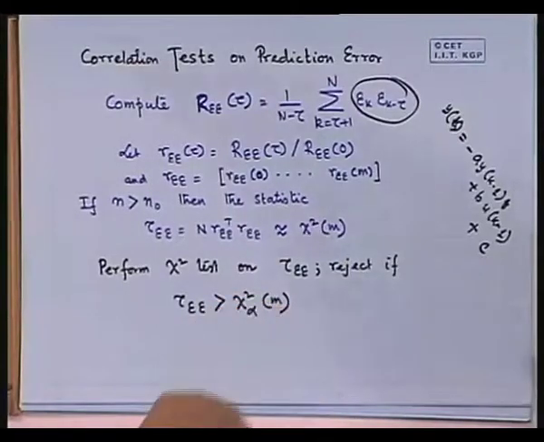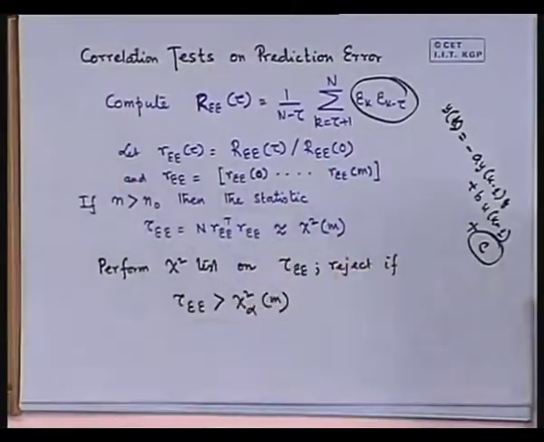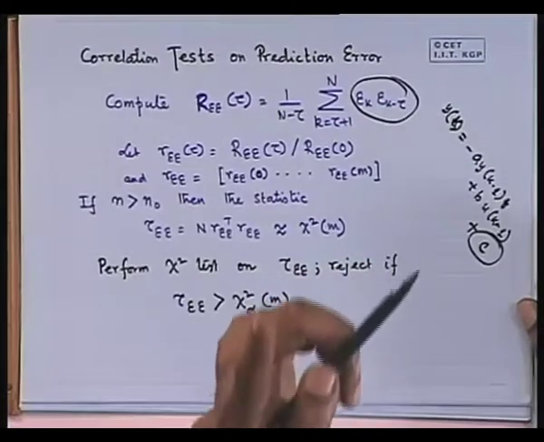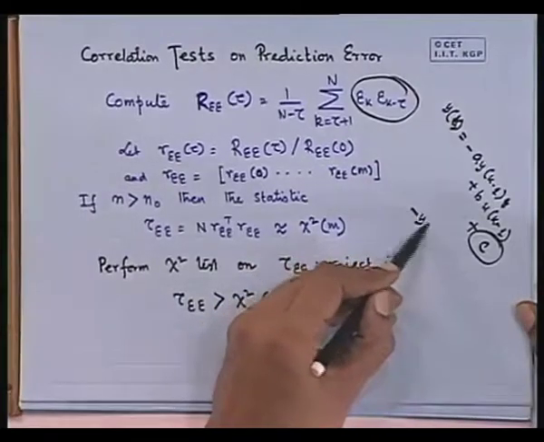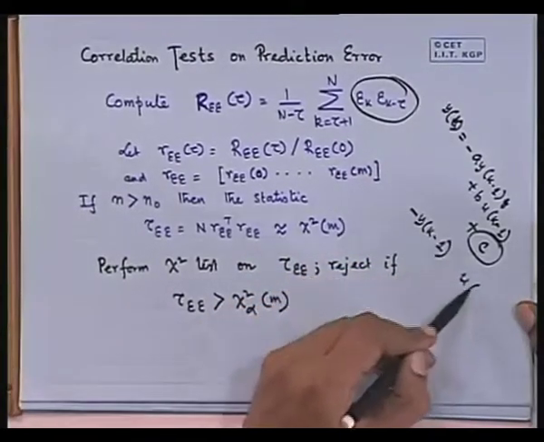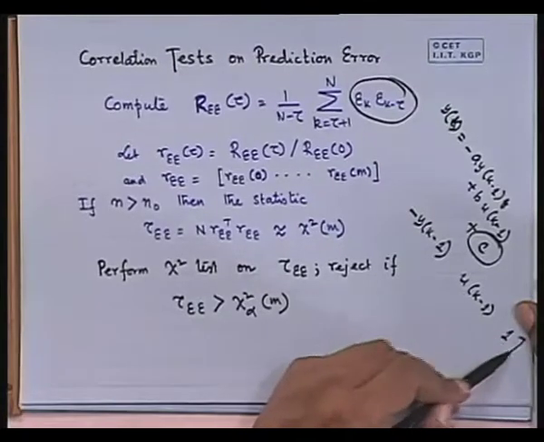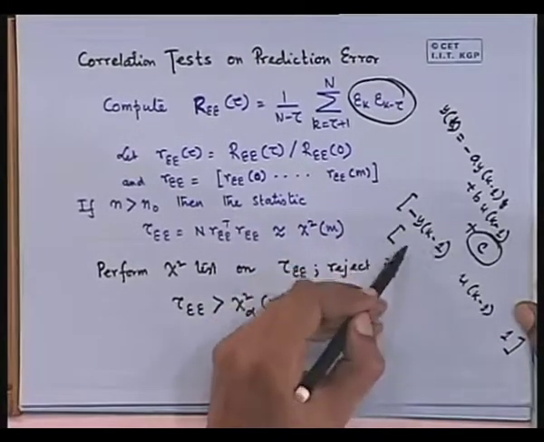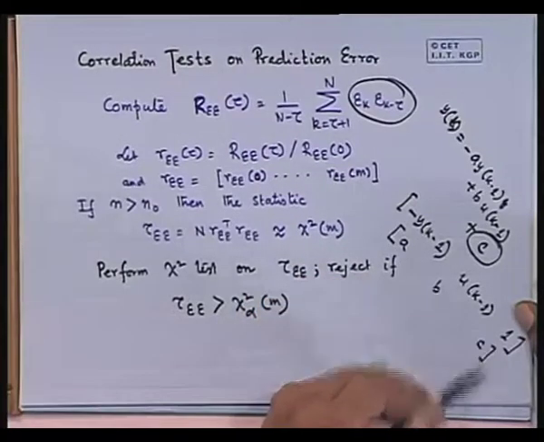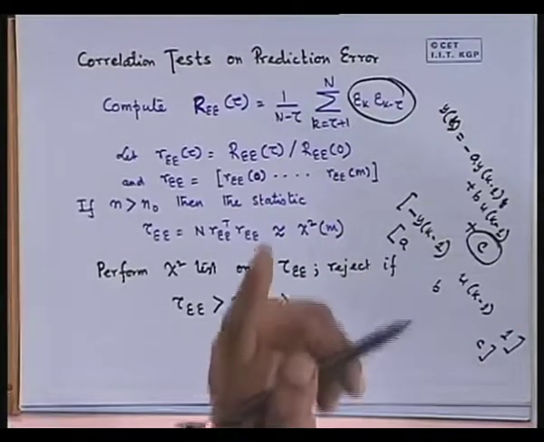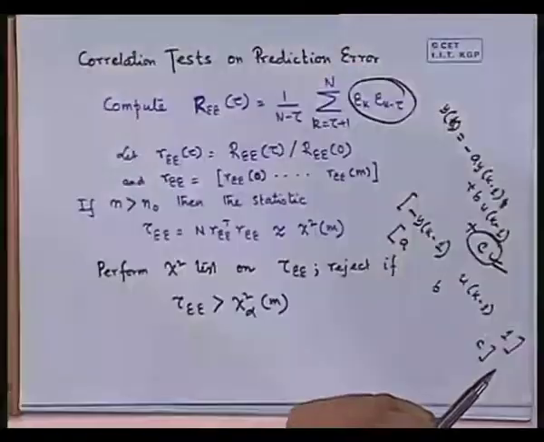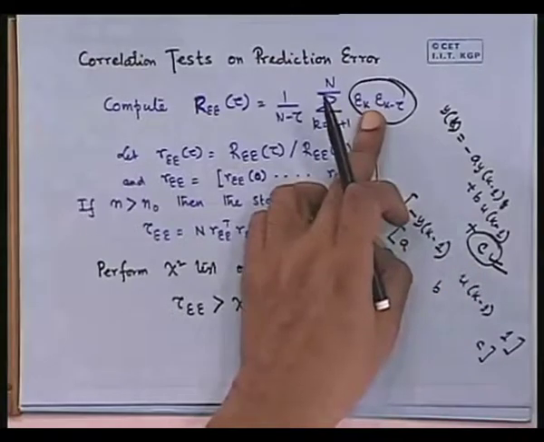If you think that your output measurements contain a DC, then in your model structure you should include a DC. And then say that my data vector should be minus y(k-1), u(k-1) and 1, and my parameter vector will be a, b and c. If you think that you have a DC bias in your measurement, you should model that bias, because if you don't model that bias, this property will never be satisfied.